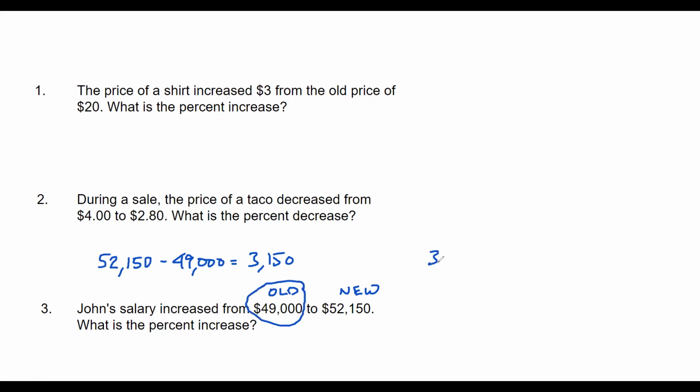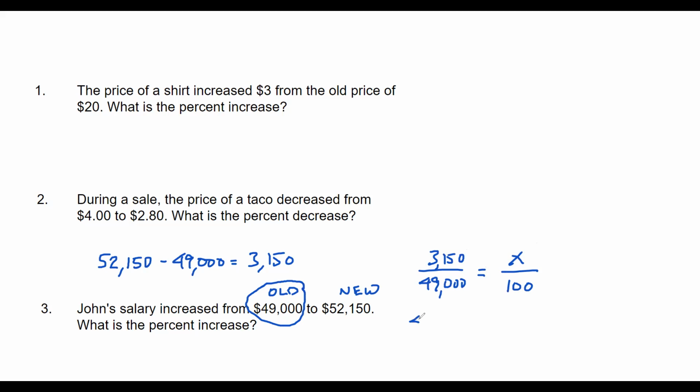That's what we needed in combination with the old amount. So it's going to be $3,150 over the old amount of $49,000. Notice in our proportion, we will never use the new amount directly. We used it to find the amount of change, but that's it. Okay, let's cross multiply.